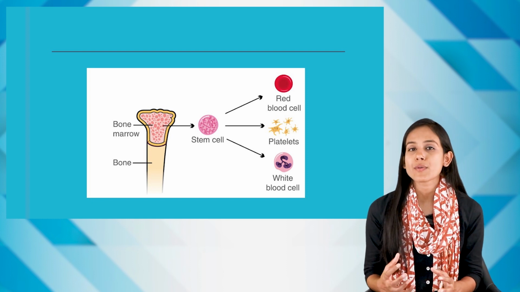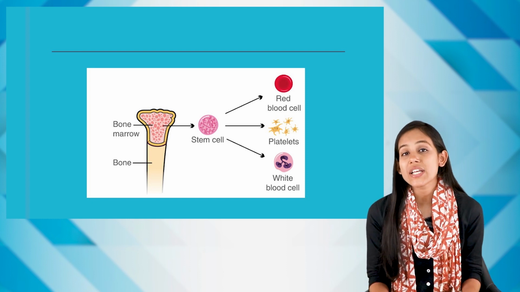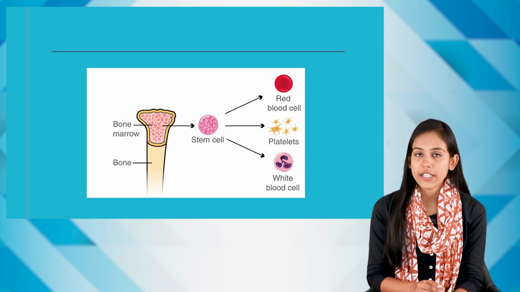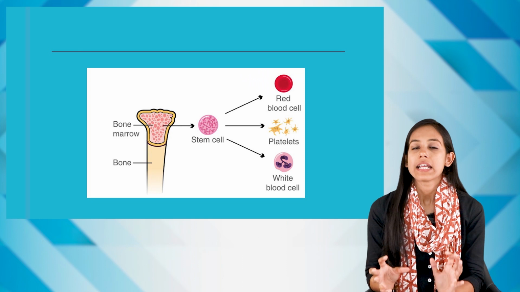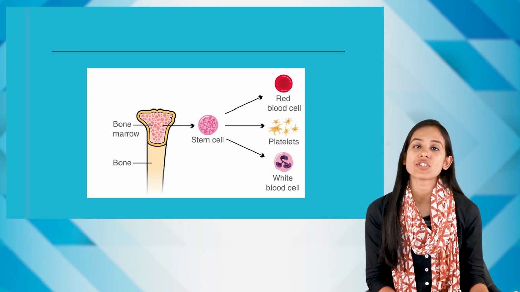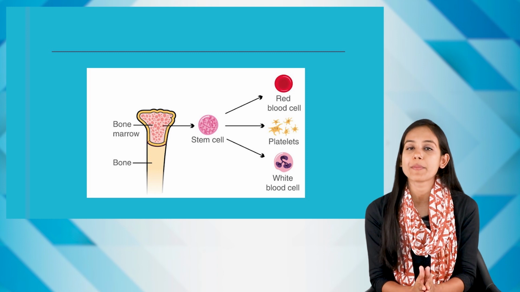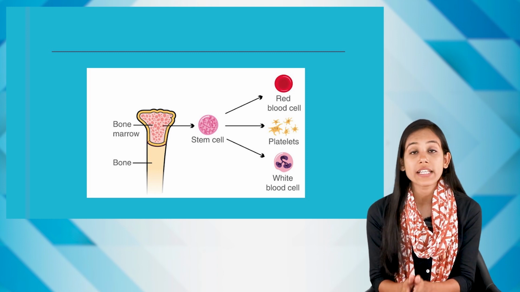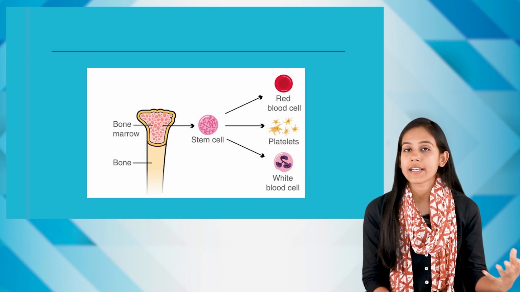So there would be an increase in number in any of these three cells. Now, in most of the leukemias, we can find that the WBCs are affected, as I mentioned earlier. But it is not certain that the platelets or the red blood cells cannot get affected.